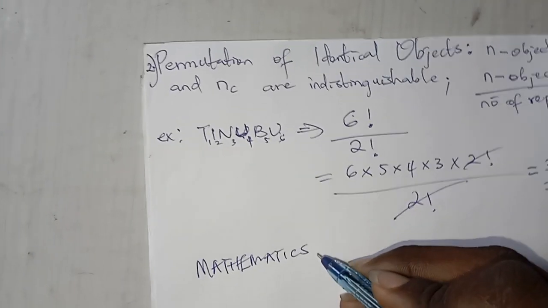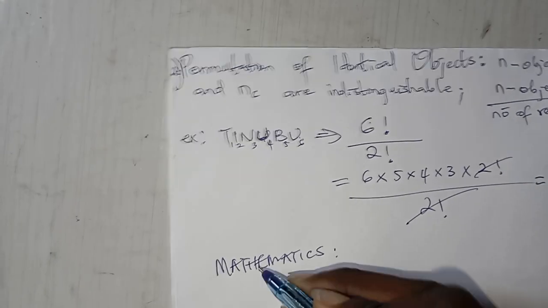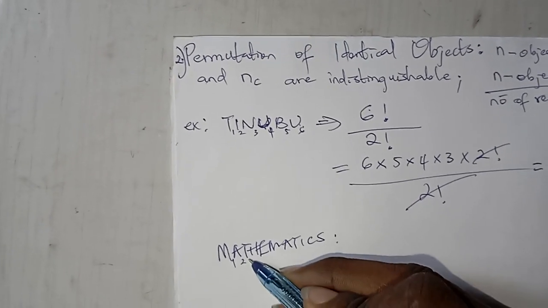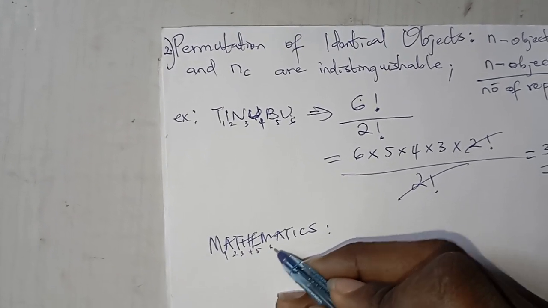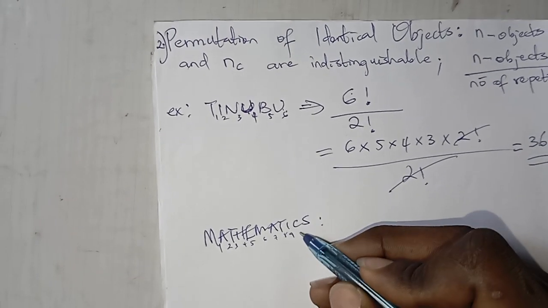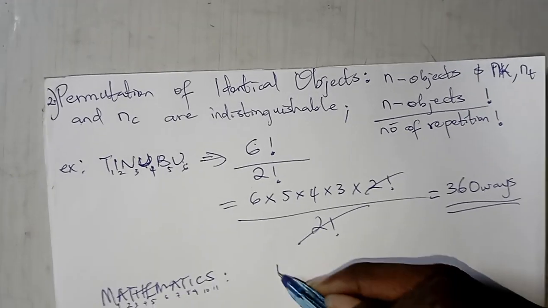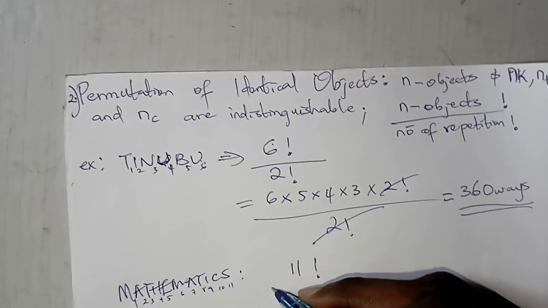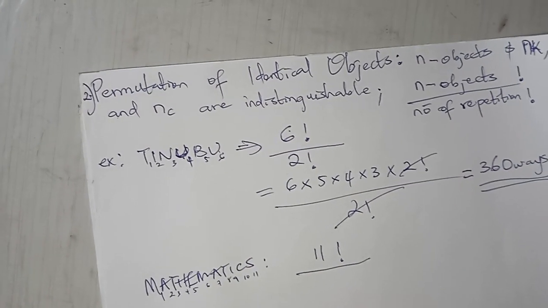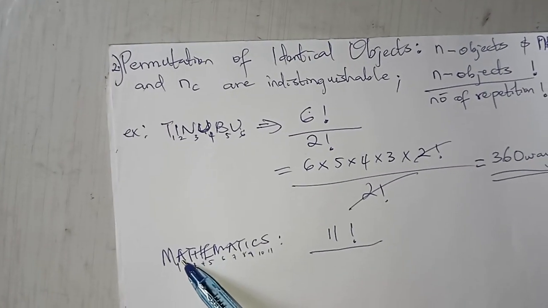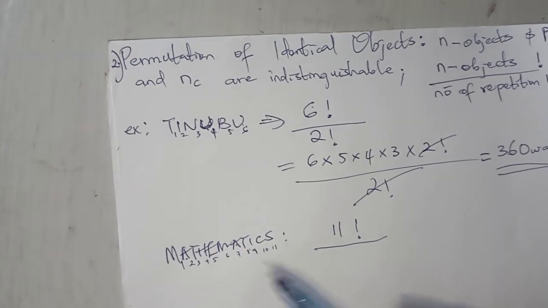So if I have mathematics, how many letters are they? 1, 2, 3, 4, 5, 6, 7, 8, 9, 10, 11. I will now say that the number of objects is simply 11 factorial all over. Which one is repeated twice? A repeated twice, 2 factorial.